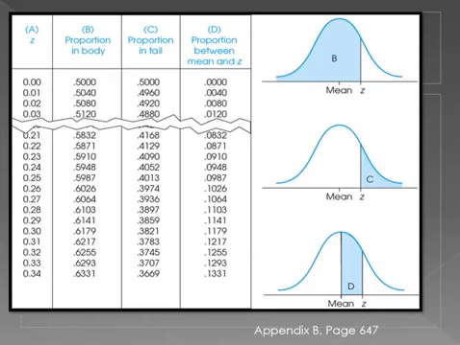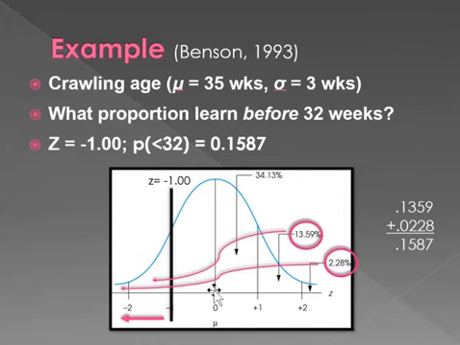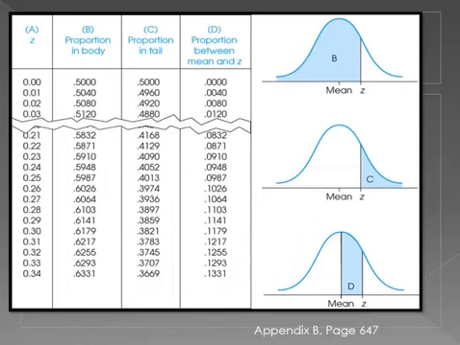So if you fold it in half, here, let's go back to this old slide, you'd have equal amounts on each side, 50% to one side, 50% to the other. Again, note how the proportion of scores between 0 and plus 1 is the same as 0 and negative 1. The same is true with the table. The proportion between 0 and plus 0.31 would be 0.1217, and the same is true for the proportion between the mean and negative 0.31.